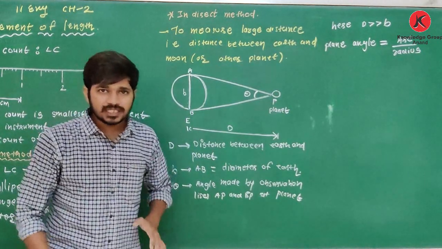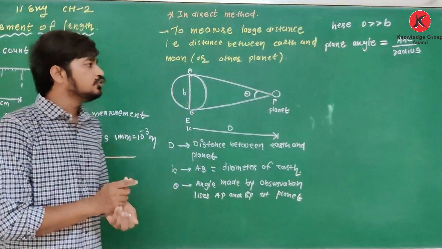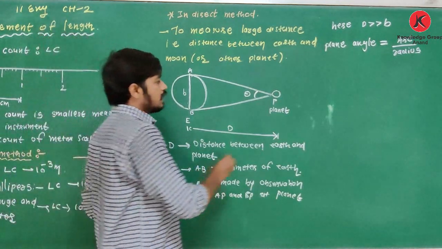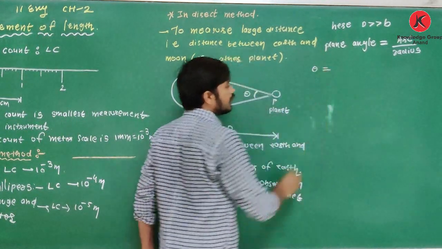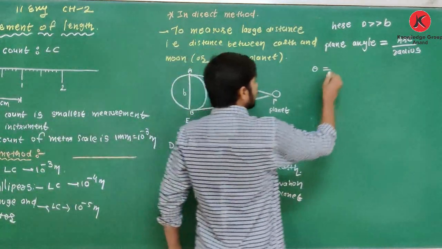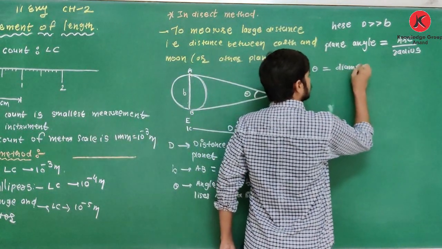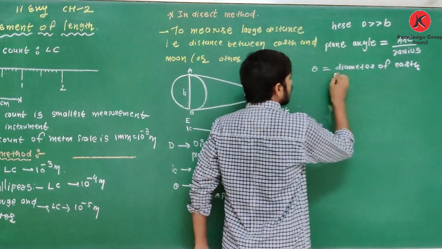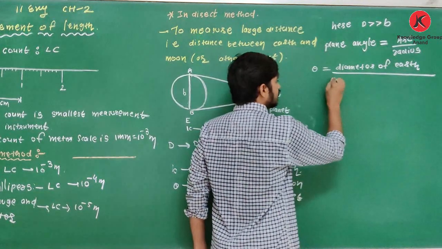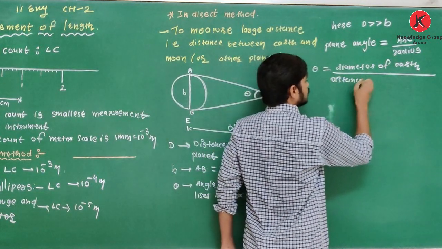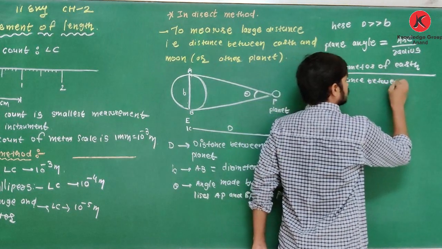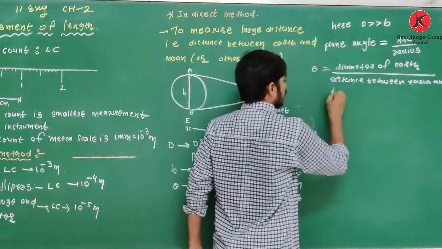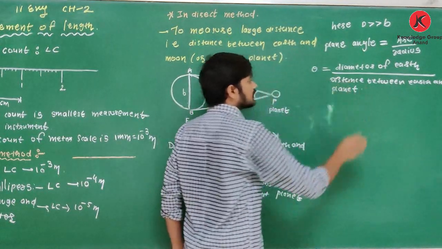Clear about this? So yes, here is how to use this definition. Plane angle theta is equal to, as arc I will consider the diameter of Earth, divided by, as radius I will consider the distance between Earth and planet. Why?